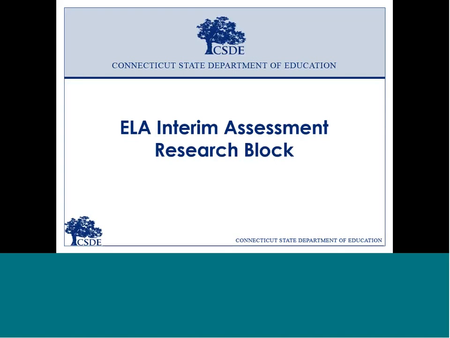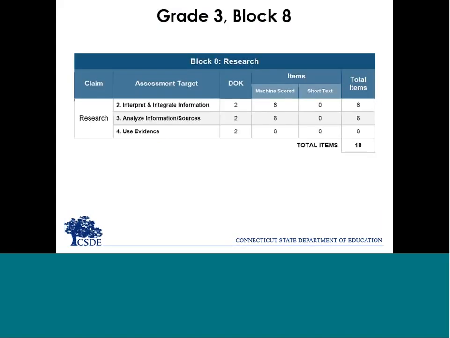There are 2 places where research questions appear in the interim blocks. The first is the actual research block. The second is in part 1 of the performance task. We will begin by reviewing research items within block 8 and then move on to the performance task block. The research block represents items students will see in the CAT portion of the assessments.